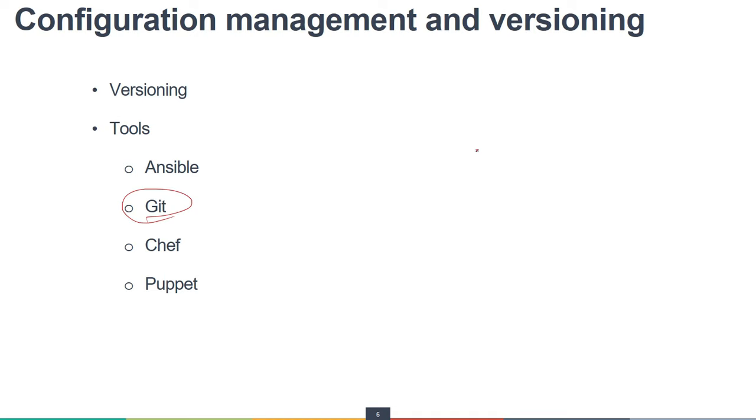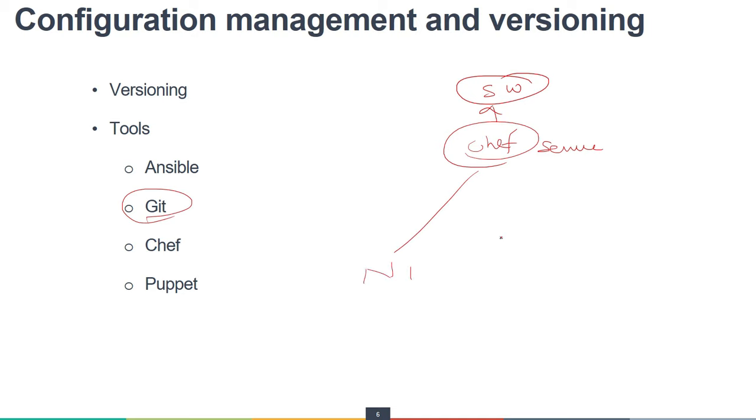Let's say we have the Chef server, integrated with the software, picking up the different versions, and we have different nodes: node 1, node 2, and node 3.